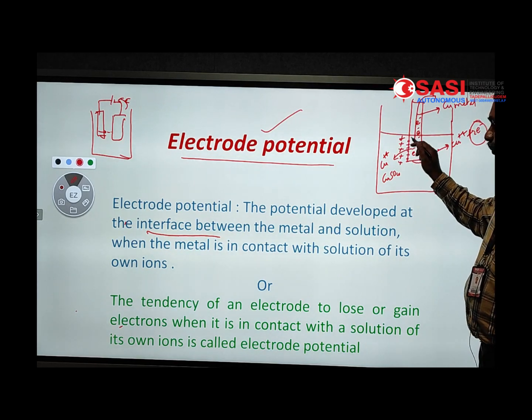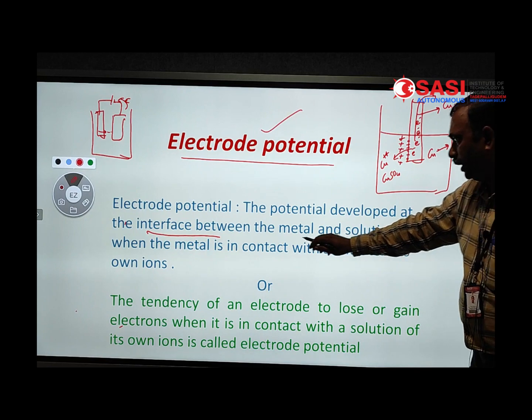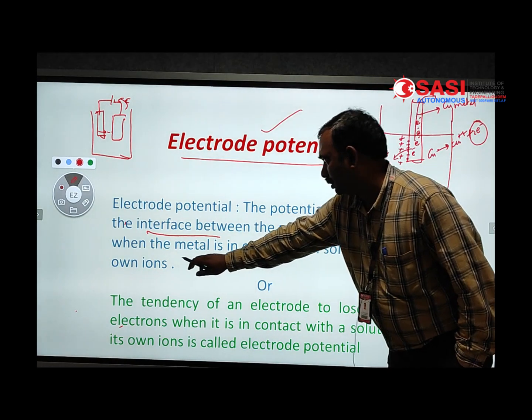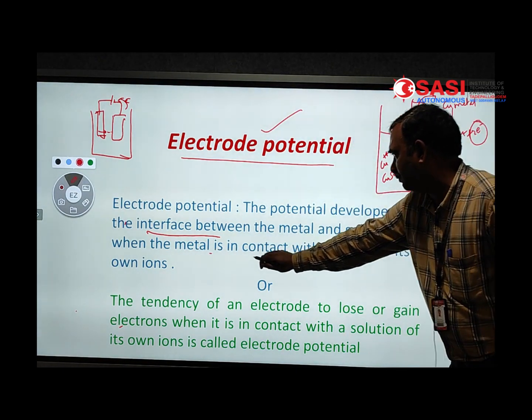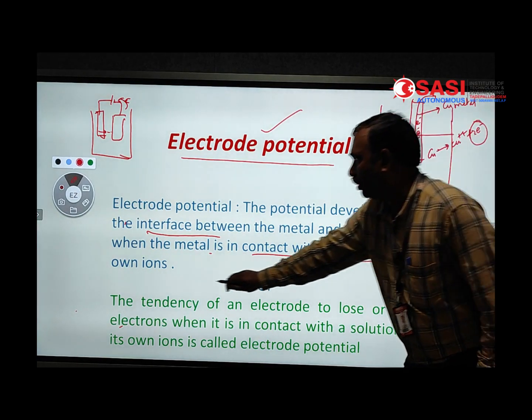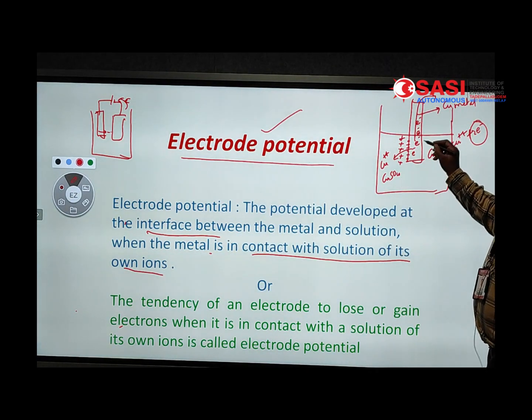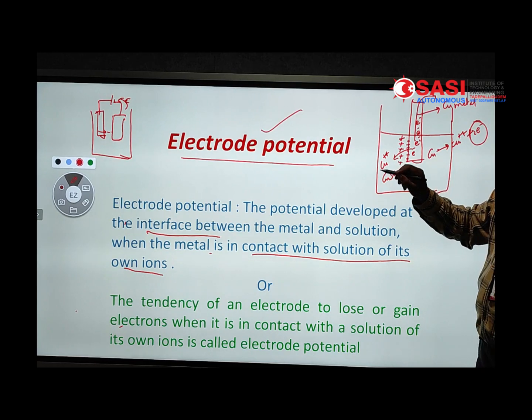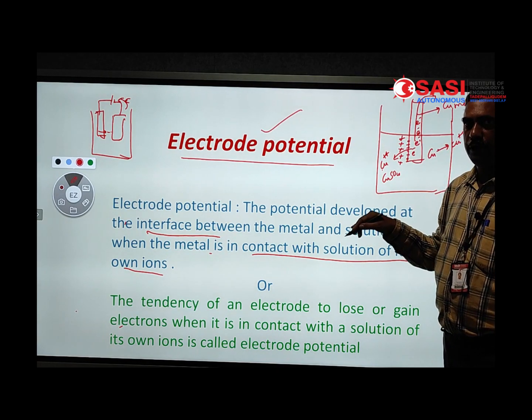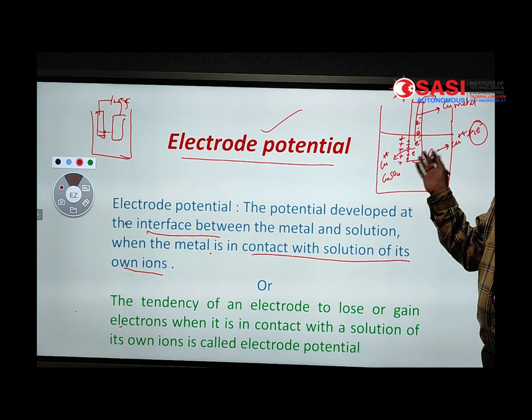So the potential developed at the interface when a metal is in contact with a solution of its own ions. Copper should be placed in copper sulfate, and zinc should be placed in zinc sulfate. You should not place copper in zinc sulfate solution.